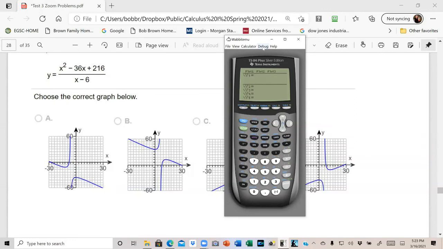And here I would just put this into your calculator. x squared minus 36x plus 216. Be sure to use parentheses, divided by x minus 6.